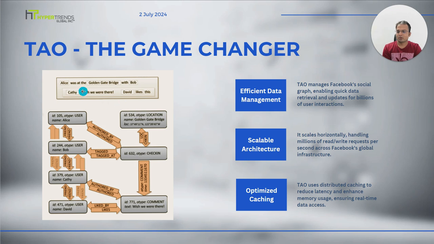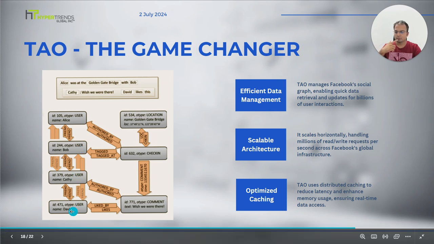So how does TAO store the data under that? Basically it will categorize the data into two variations, right? One is the objects, and then the associations between those objects. So in this example, Alice, that is a user, is an object. Bob is a user, which is an object.